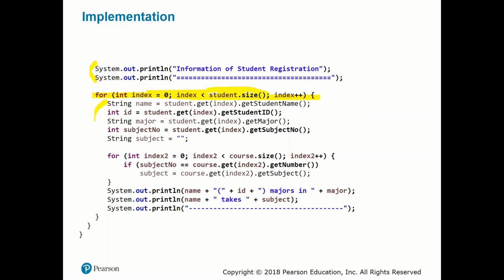So I will get student object information. Okay, and using the subject number, I will find the title of the subject. This is that part. Okay, and this is the final output of the result. Okay, I think you will understand this code. This is not that difficult.